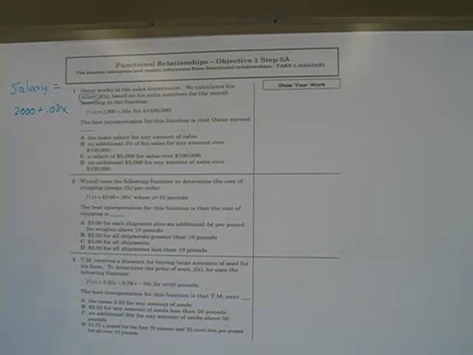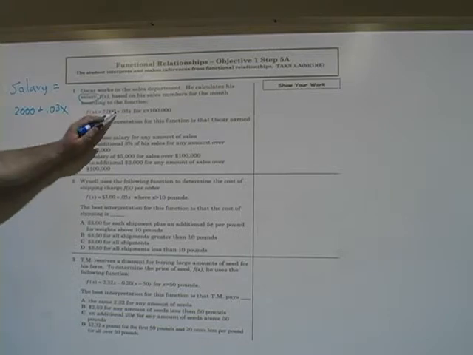It's like a dollar amount of sales. So whenever you figure out what his sales are for the month, then you take that number and you do what to it? X times 0.03. So you're taking 0.03 times the sales and you're adding that to the 2,000.